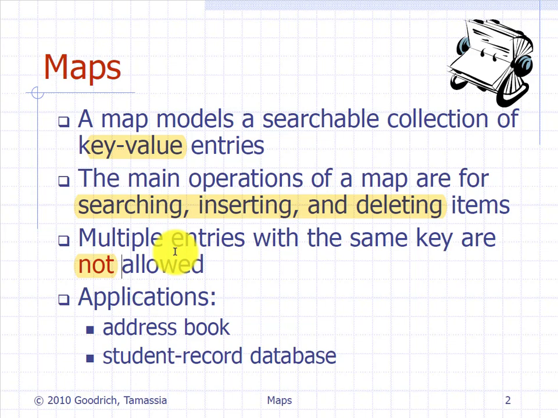It's not presented to the user very explicitly. It's just this abstract notion of a searchable collection. So putting keys which are the same into the searchable collection, since we don't know how the structure is maintained, it could be very chaotic. So we restrict maps to have unique keys.